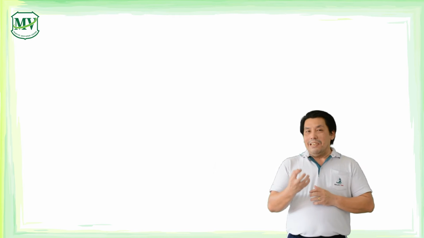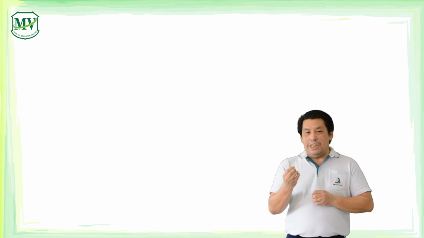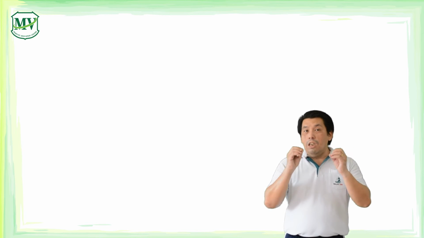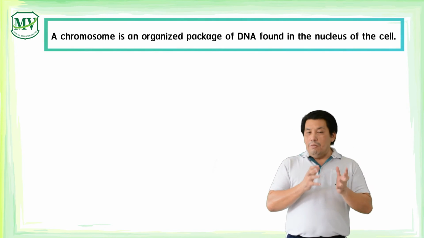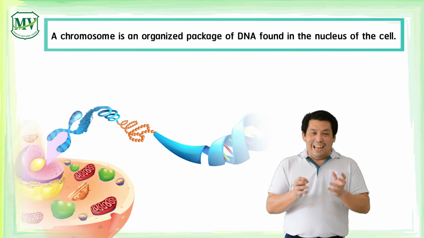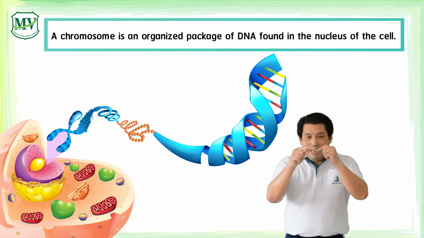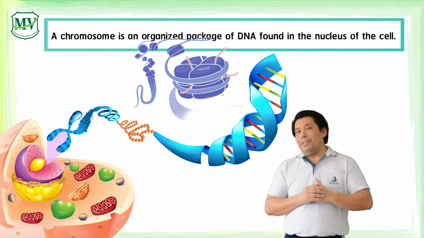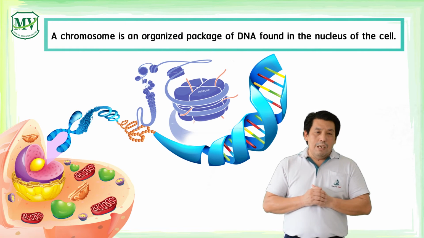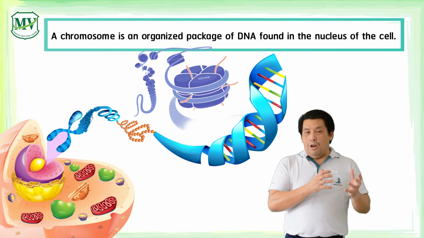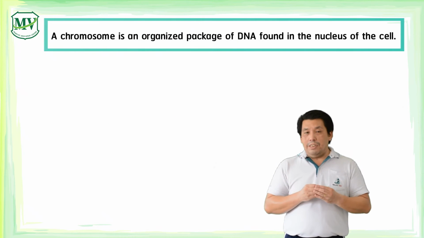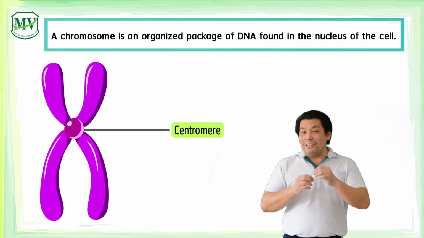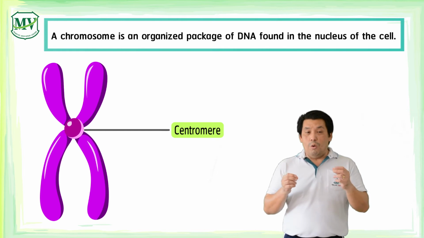In the nucleus of each cell, the DNA molecule is packaged into thread-like structures called chromosomes. Each chromosome is made up of DNA tightly coiled many times around proteins called histones that support its structure. Each chromosome has a constriction point called the centromere, which divides the chromosome into two sections or arms.